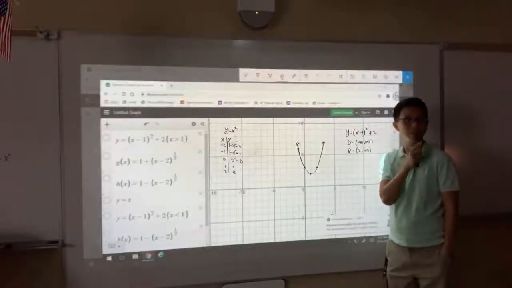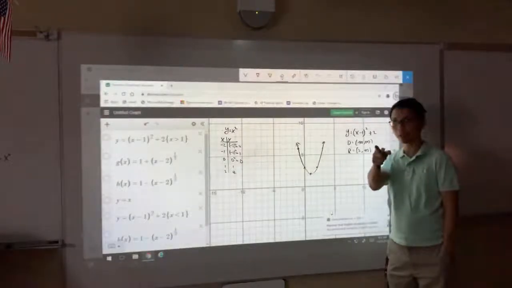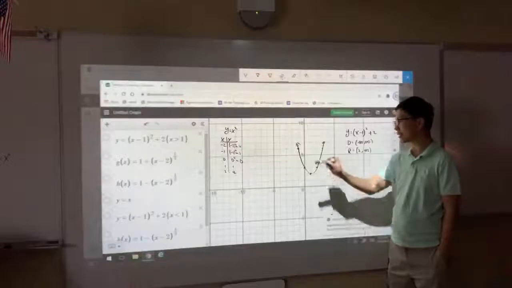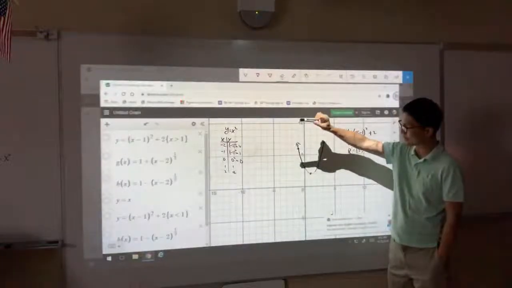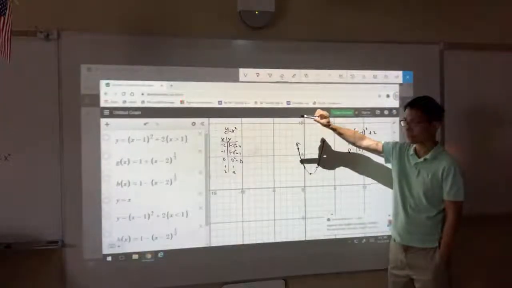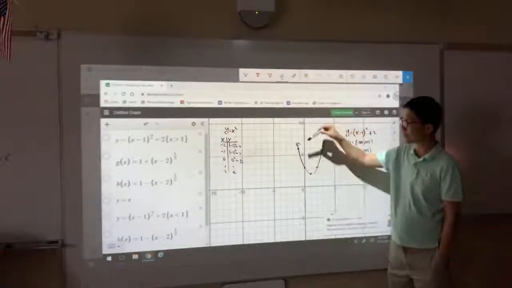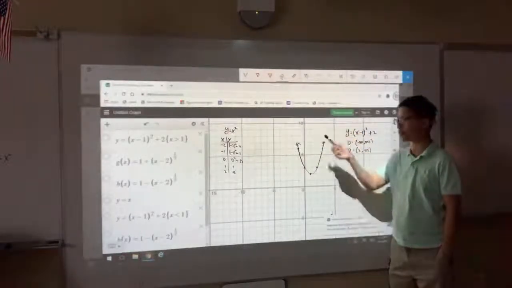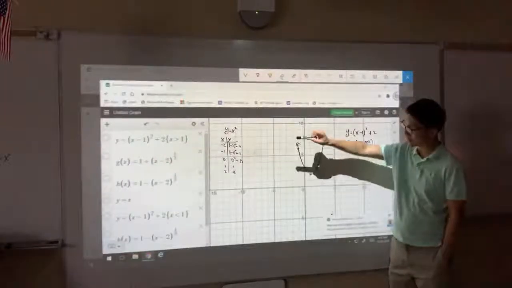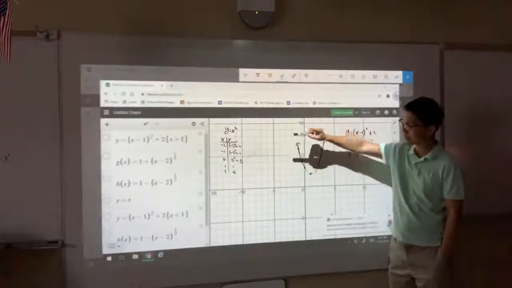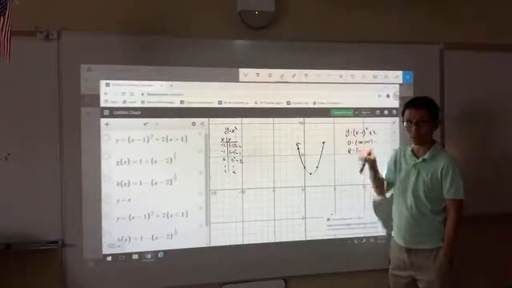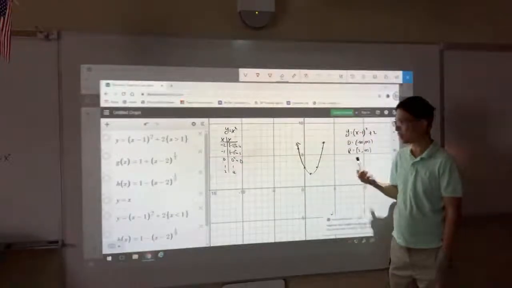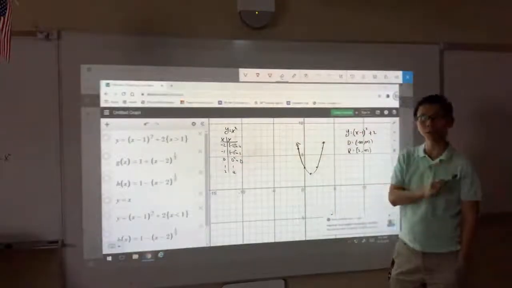It's monotonic, and the horizontal line test. Am I passing the horizontal line test? Nope. So it's not monotonic, because it's not only decreasing and not only increasing. It's actually decreasing, then increasing. See, this fails the horizontal line test, and not only that, it's not monotonic.